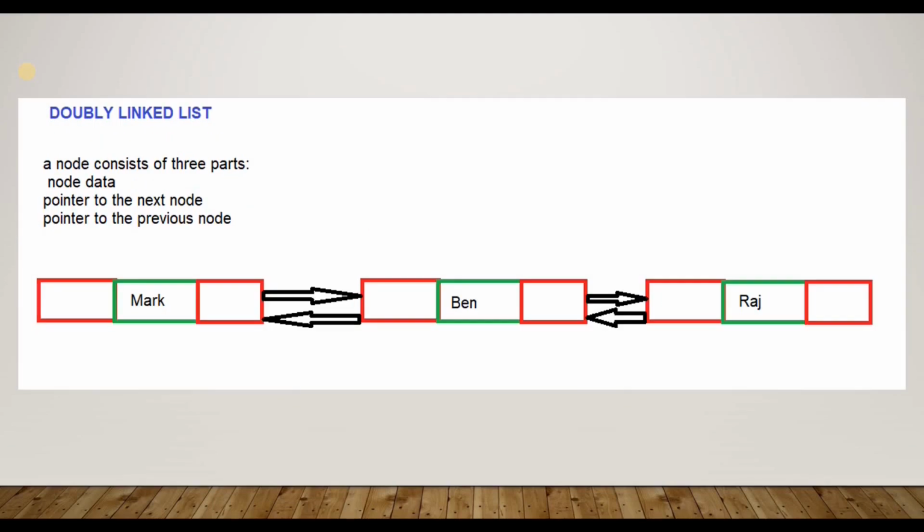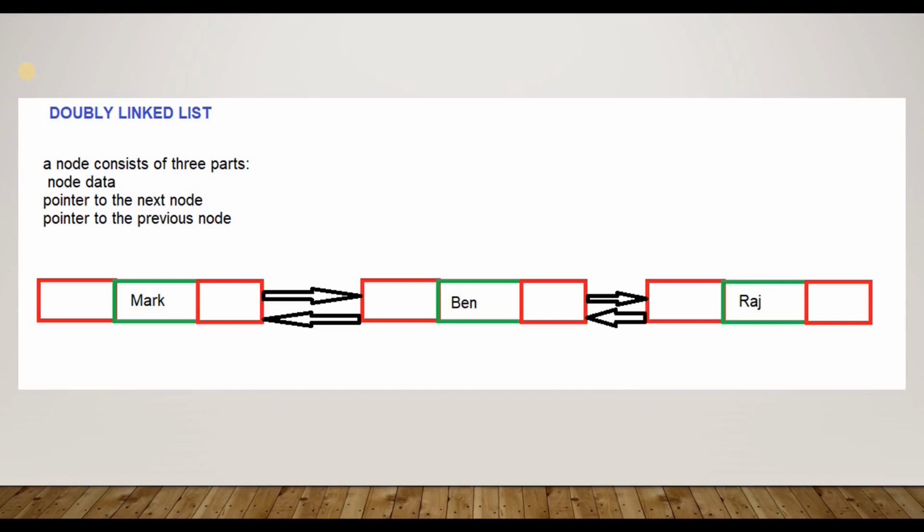The next one is the doubly linked list. In the doubly linked list, each node has three parts. One is for storing the data, and the other two parts are for pointing towards the next node and pointing towards the previous node.